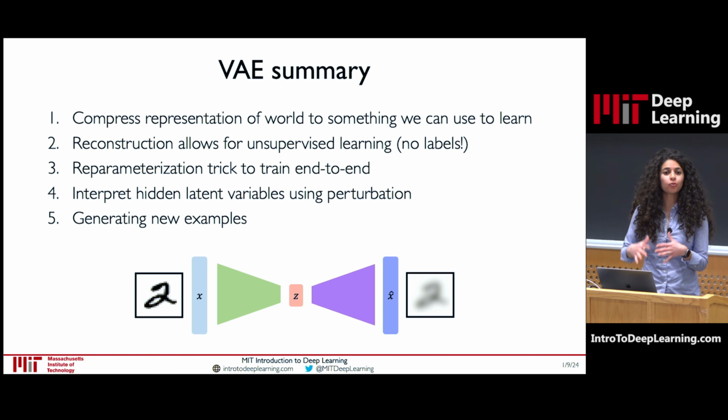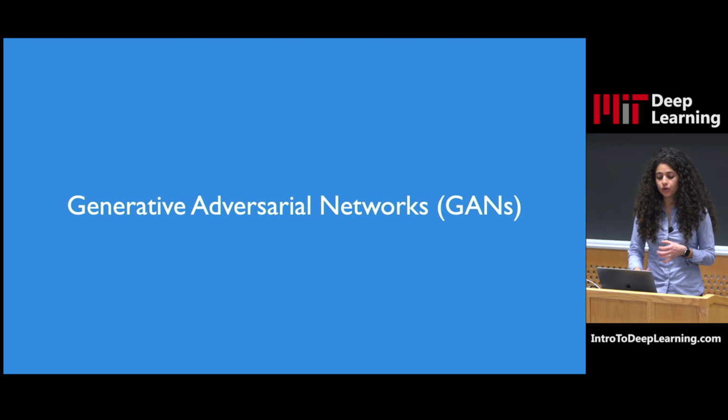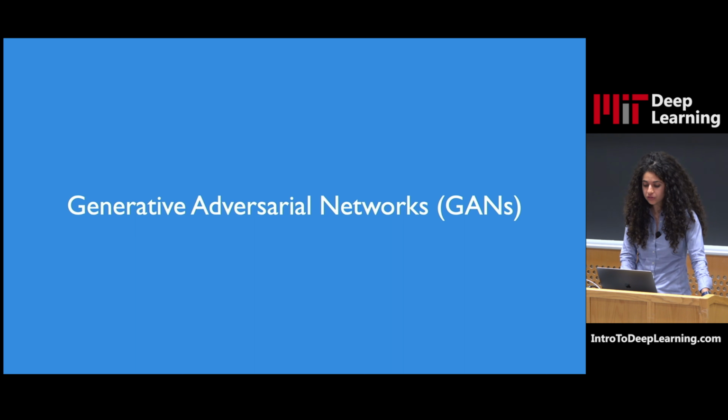Sometimes, though, we want to prioritize the ability to generate very faithful samples while sacrificing our ability to learn those features in a more interpretable or probabilistic way. And so there's another complementary class of models that we call generative adversarial networks, or GANs, that are more focused on this question of how can we just generate samples that are going to be very good, sacrificing the ability to decode and interpret a set of latent variables.